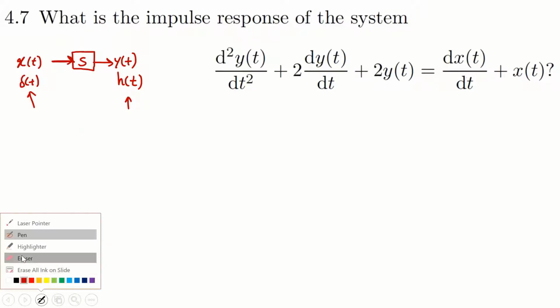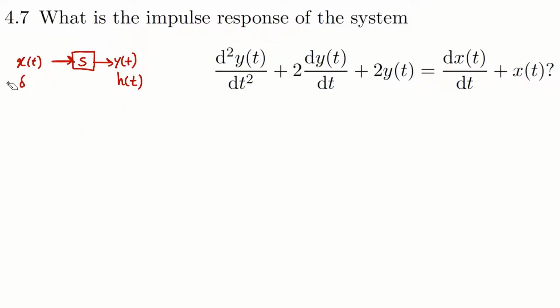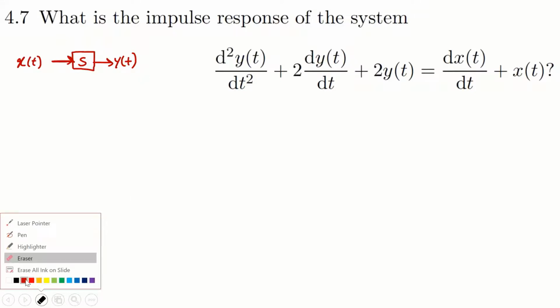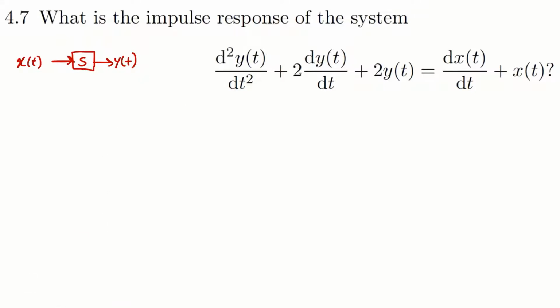But we don't have these things here. We don't know what is x of t, we don't know what is y of t. What we have is the input-output relationship of the system in differential equations.